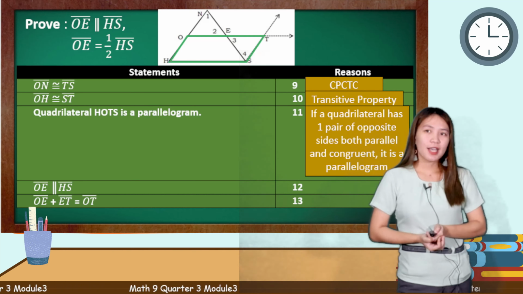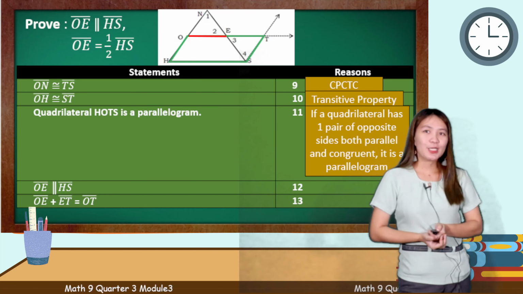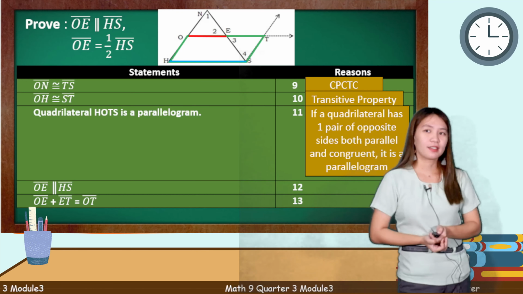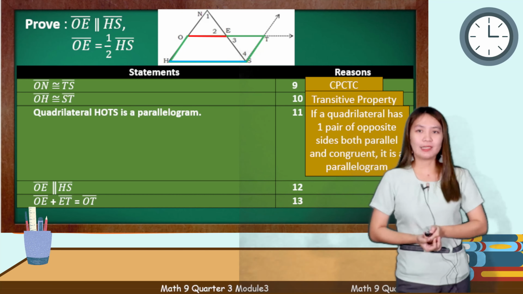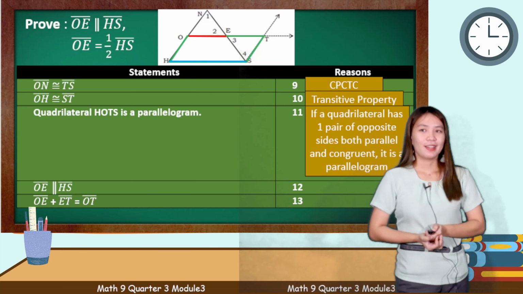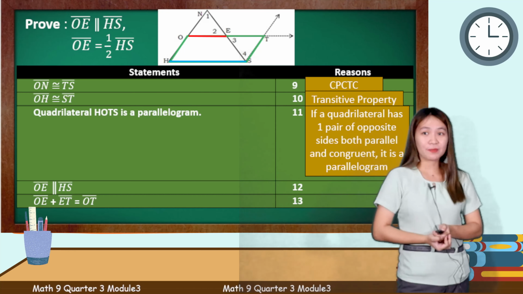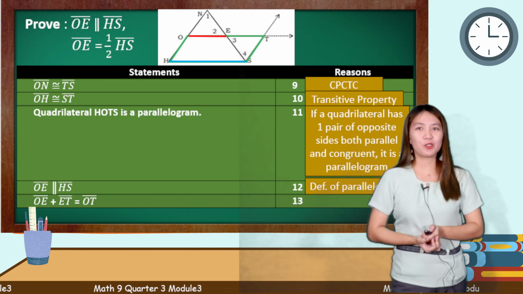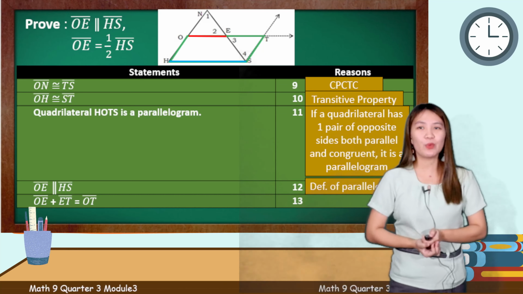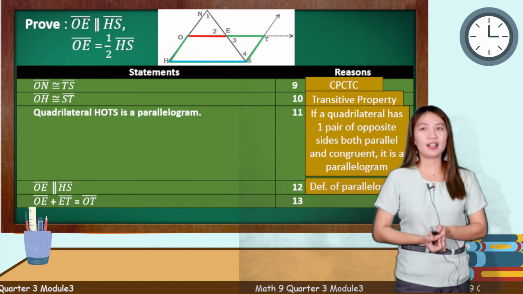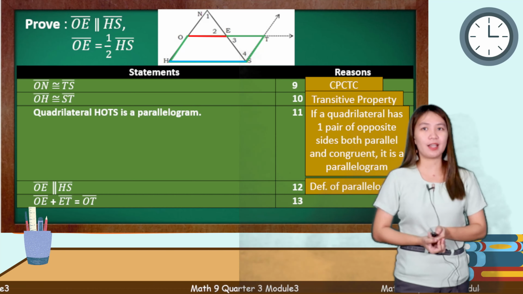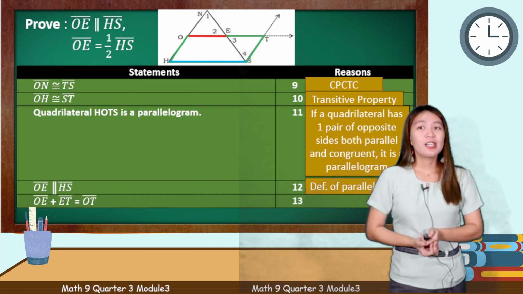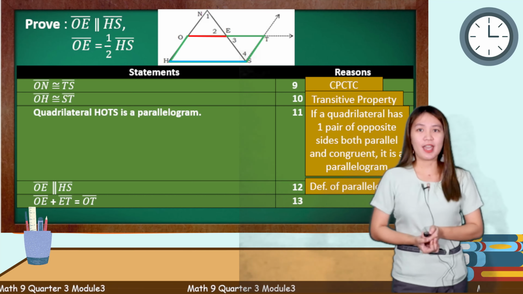Next, segment OE is parallel to segment HS. What is the reason? That is because of definition of parallelogram. So from our statement number 11, which says that quadrilateral HOTS is a parallelogram, therefore, segment OE is parallel to segment HS.